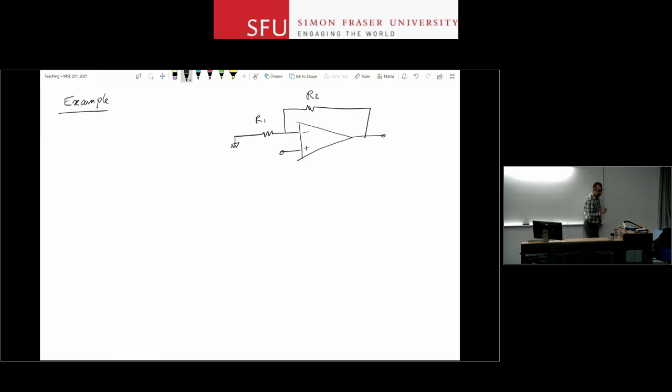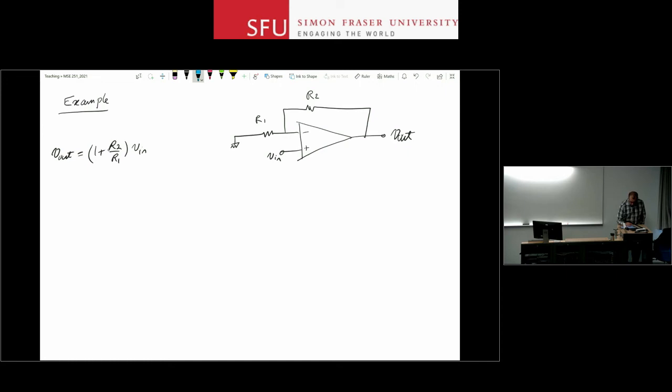So if I look at this circuit, I remember that V out is 1 plus R2 over R1 times V in, right? And if all I want is a faithful, true reflection of V in at the output, I can easily do that in two ways.